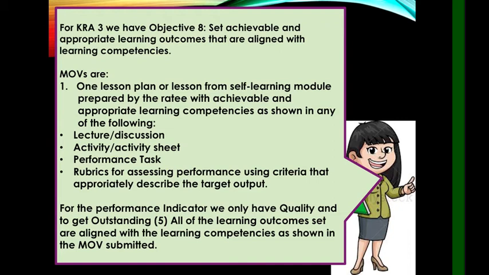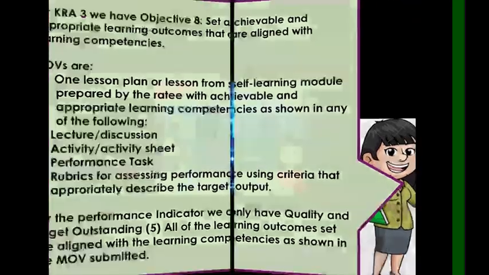So for as long as it is in line and suitable with objective number 8, then you will get a grade of 5. If your lesson plan is achievable, appropriate to the learning outcomes, and aligned with the learning competencies, then you will get a 5 for the quality of objective number 8.